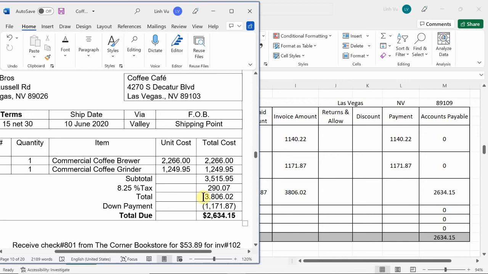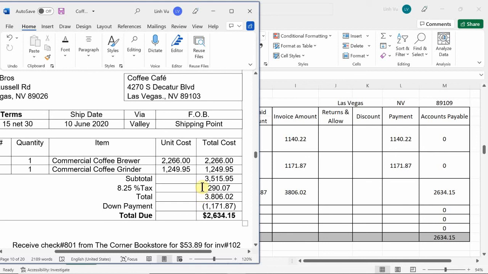$3,806.02. However, can we discount the $3,806.02? No. Why? Oh, because we already paid it. No. But what is this price including? Oh, tax.